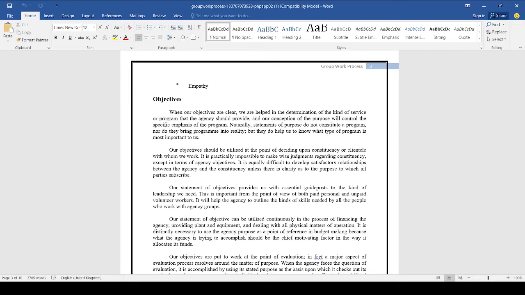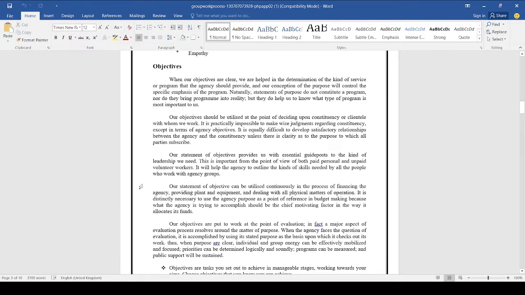Naturally, the purpose of the agency will affect the objectives of the group work. They help us to know what type of program is most important to us. So our objectives should be very clear.